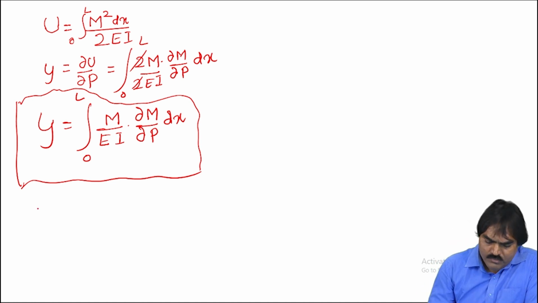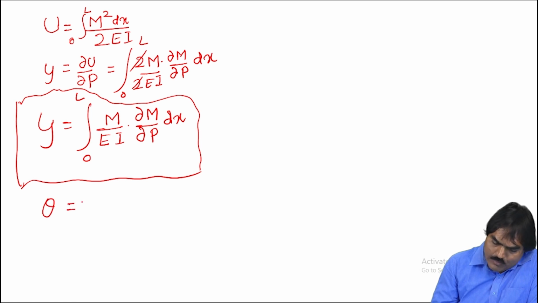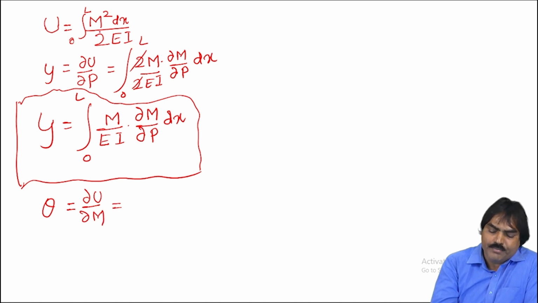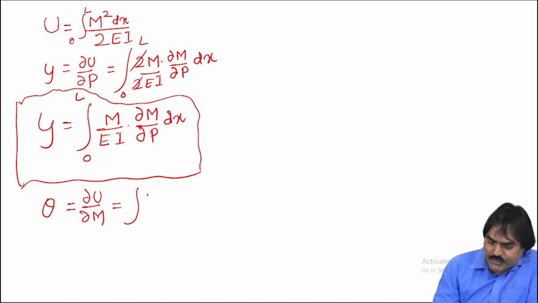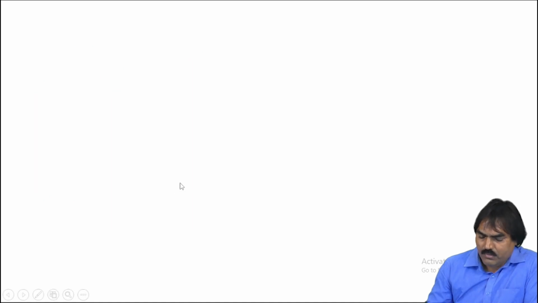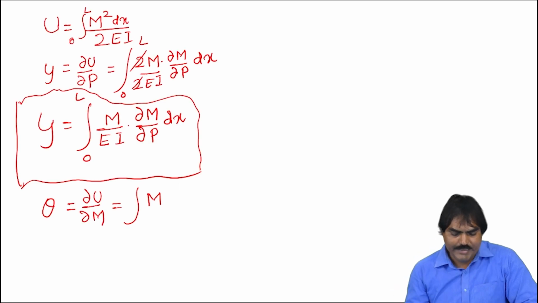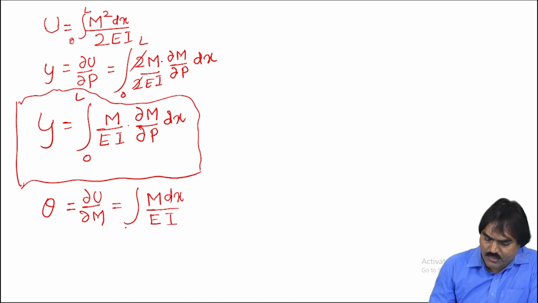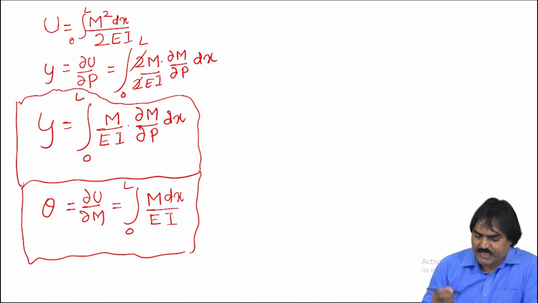Okay. Then what is slope? The slope is dou U by dou M. That is, when you differentiate this with respect to M, integration of M square becomes how much? 2M. 2 gets cancelled. You will have an equation: integral of M dx by EI, 0 to L. This is the slope equation.